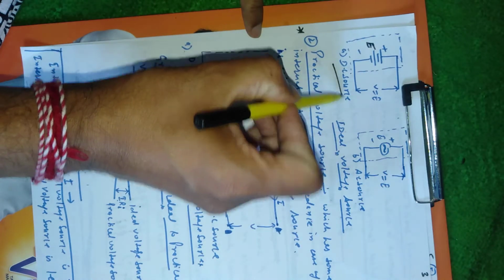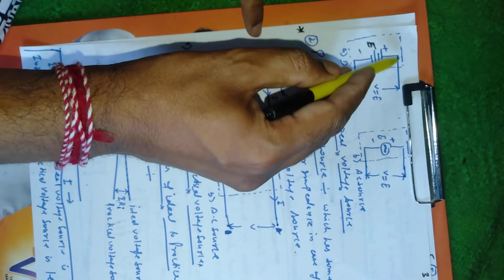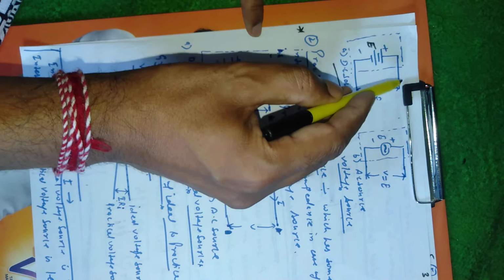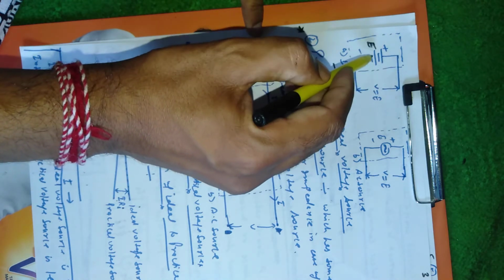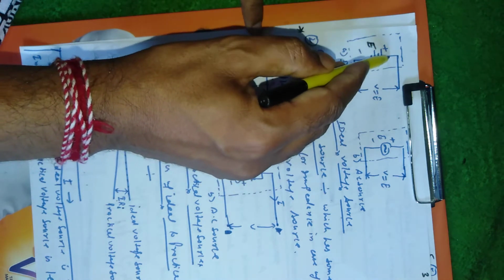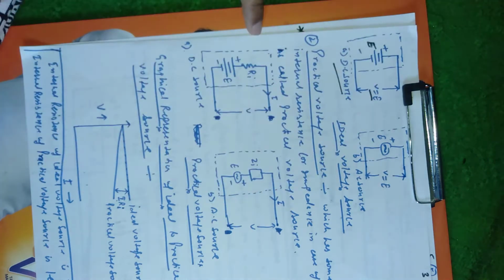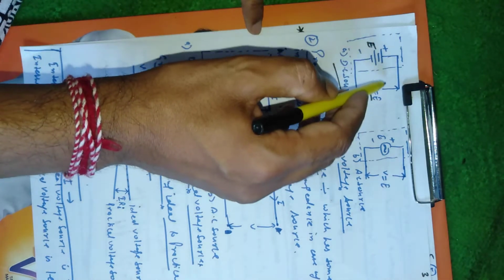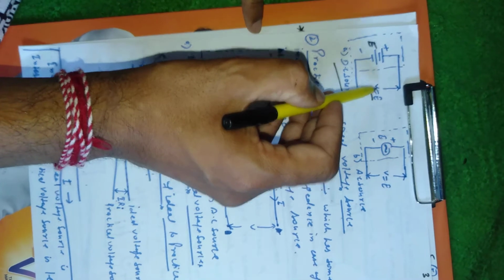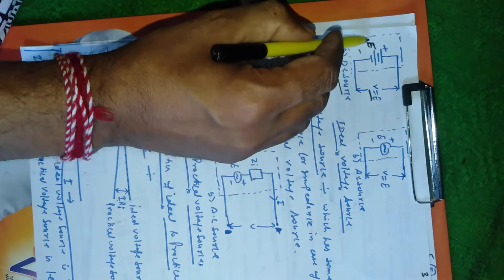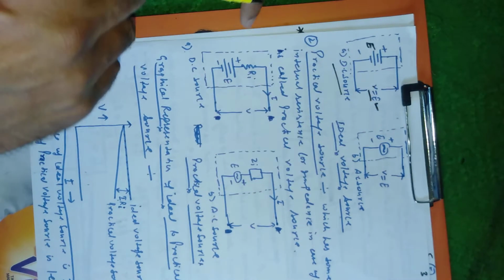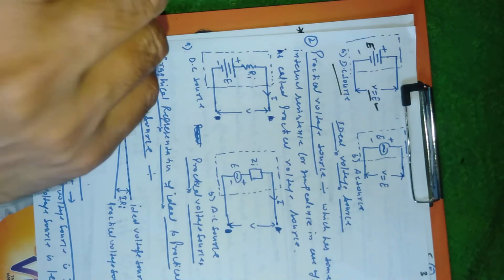In case of a DC source, there is a battery with no internal resistance, Ri is 0, so the total input voltage is applied and we get the output V is equal to E. All of the input voltage is available at the output, so output is equal to input. Output voltage equal to the input voltage is the condition of the ideal voltage source.